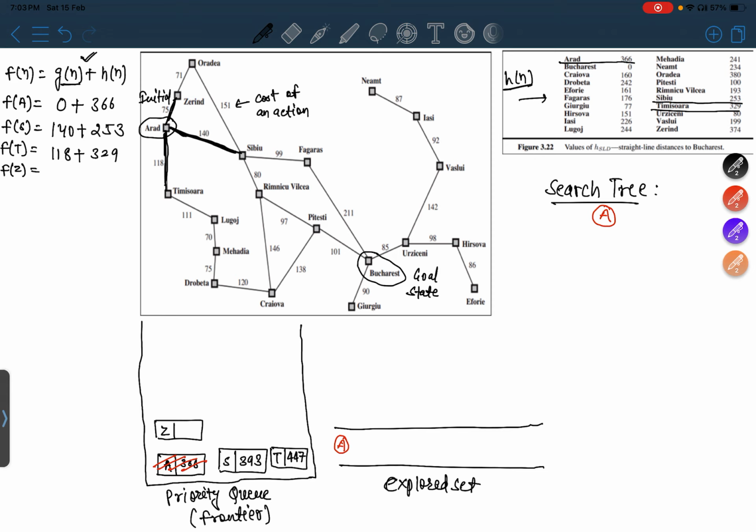So f of z is 75 plus h of z, which is 374. So we can use the calculator for this, which will be 449.